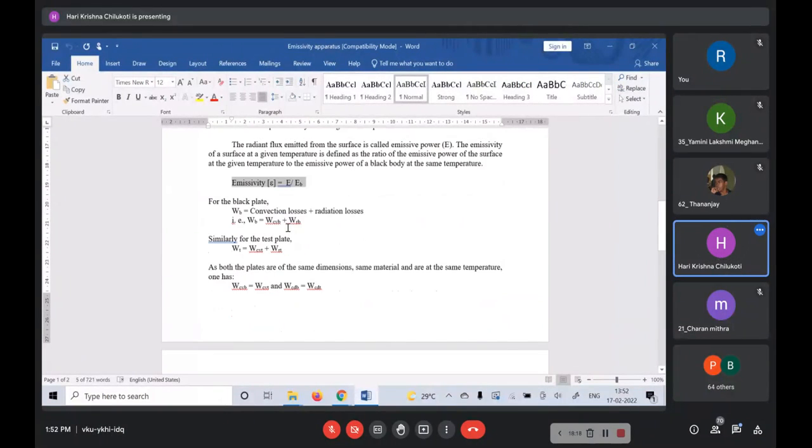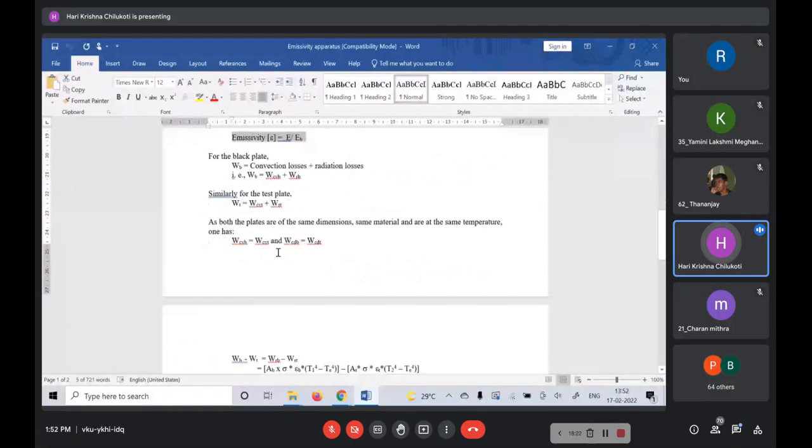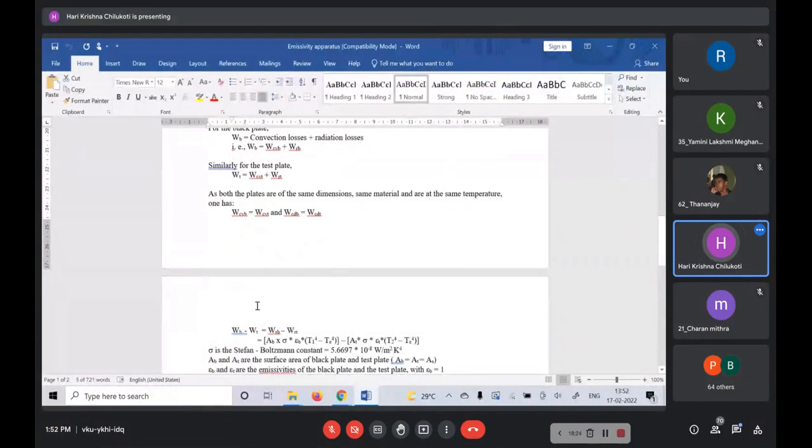And if we subtract this equation from this equation, then we can write it as WB minus WT is equal to WRB minus WRT. WB is the power input to the reference plate, whereas WT is the power input given to the test plate.